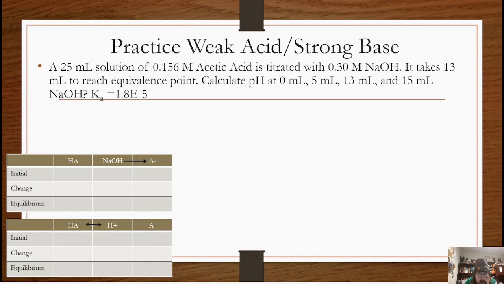What's this situation? What's this problem? This problem is a 25 ml of 0.156 molar acetic acid is titrated with 0.3 molar NaOH. And so basically the first problem again, except now it is a weak scenario.